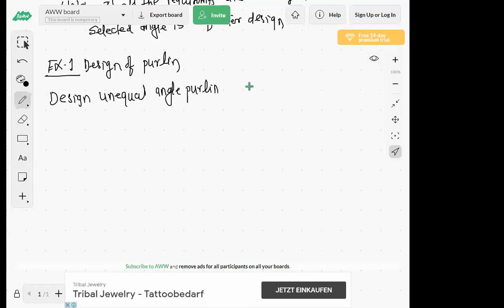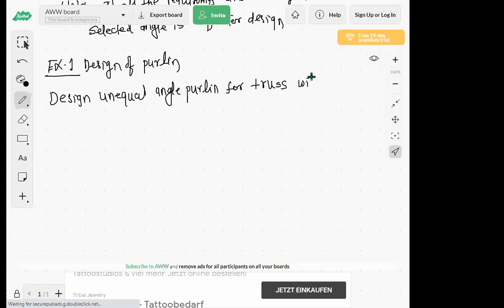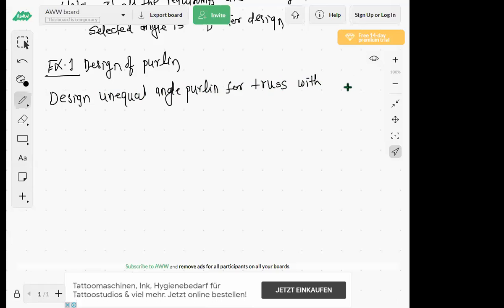Design unequal angle purlin for truss with six panels.